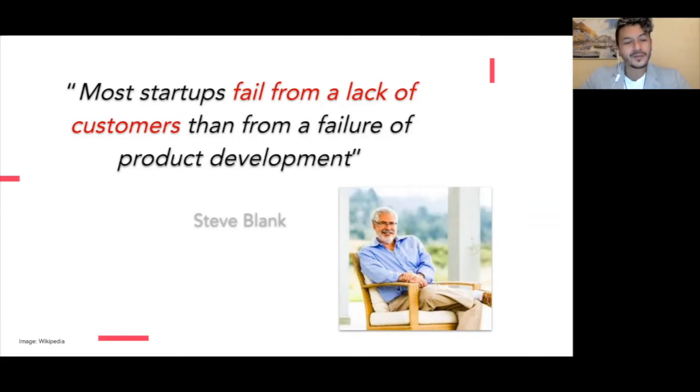Sometimes we like to use products. They are convenient and they help us solve some of our problems. But when it comes time to pay, we avoid taking that final step. So if you are building a product right now, if you have a business idea, this will be the biggest challenge that you will face.